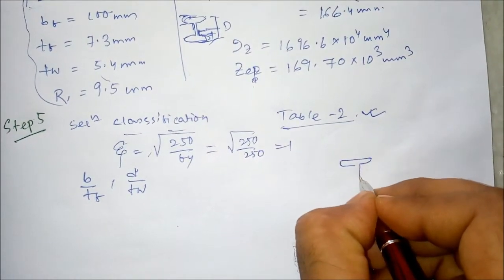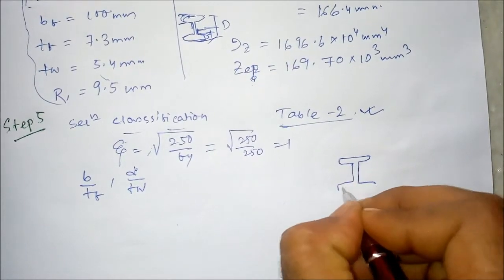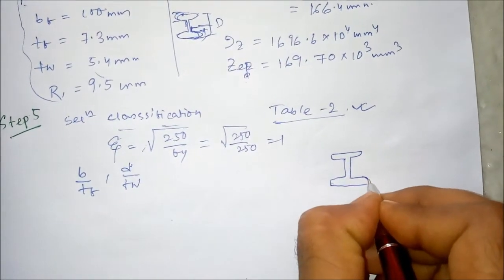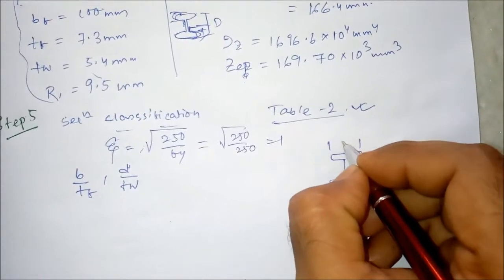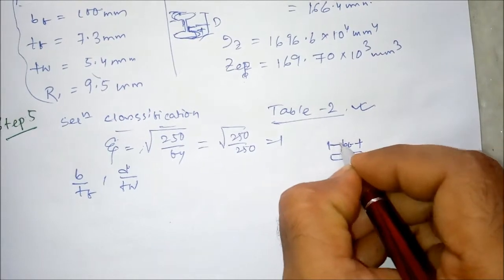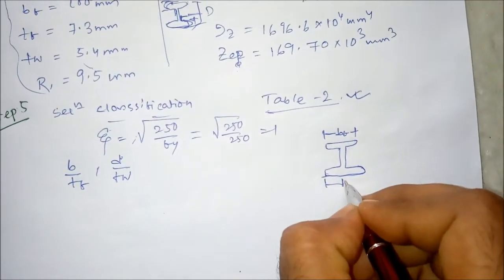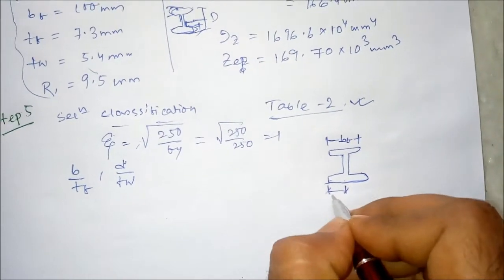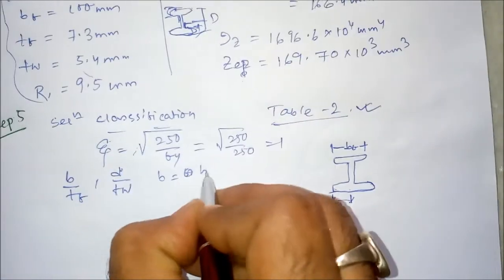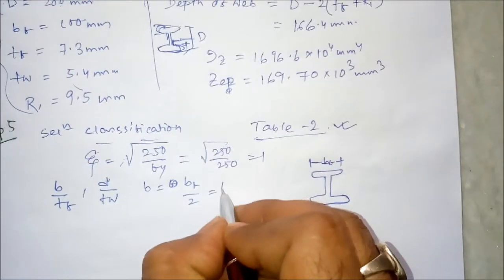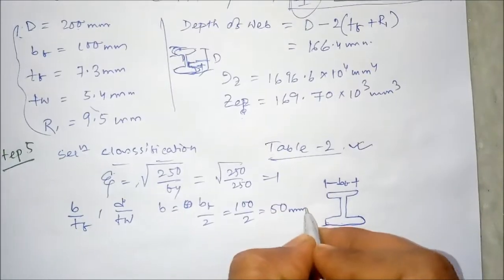If this is our section, this is the breadth of the flange, bf. b will be half of this, up to the center from this. So b will be equal to bf divided by 2. bf is equal to 100 in our case, so this will be 50 millimeter.